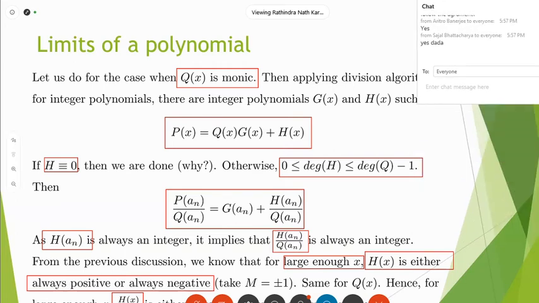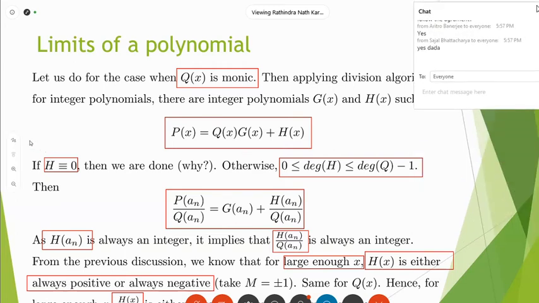The same thing can be said about q of x also. Same idea: deal with the case when it is a non-zero constant, then it is either positive or negative. If it is a non-constant polynomial, then for sufficiently large x, you can make it either always positive or always negative. So I have two numbers, h of x and q of x.